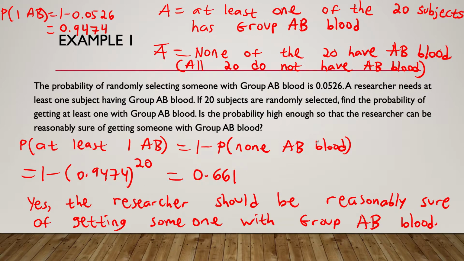So for none having the AB blood, again there's 20 people, we're doing 1 minus 0.9474 raised to the 20th power. Tossing this into a calculator gives us an answer of 0.661, so 661 thousandths. And the interpretation of that would then be that, yes, the researcher should be reasonably sure of getting someone with group AB blood, since that probability is greater than 60%.